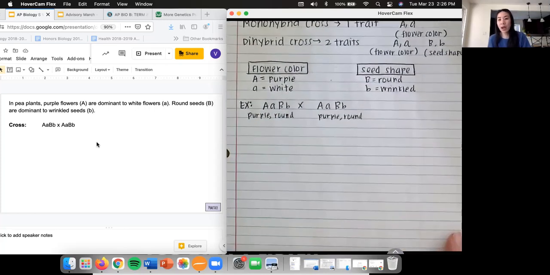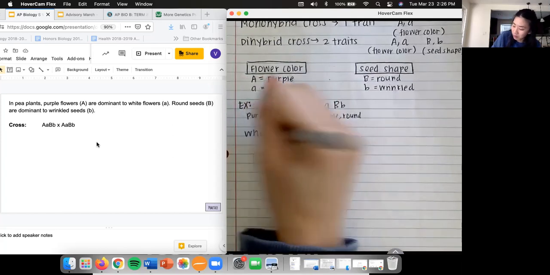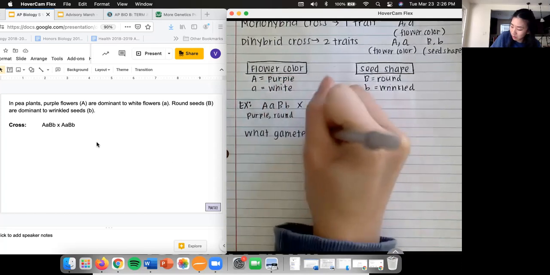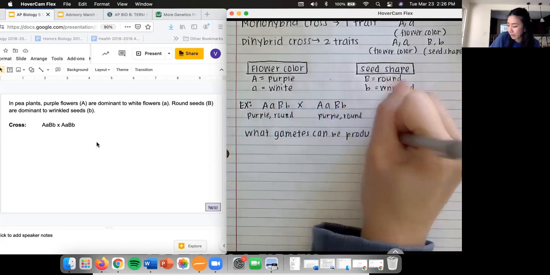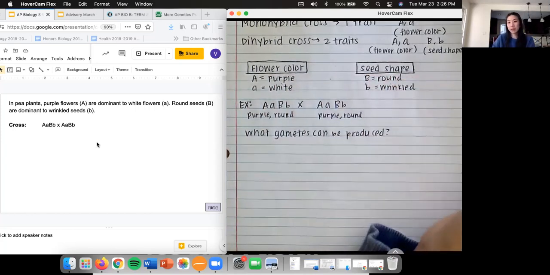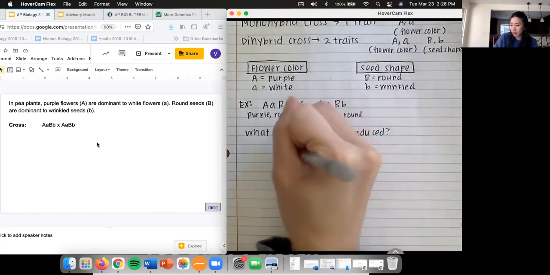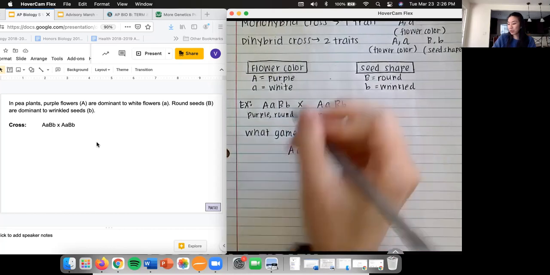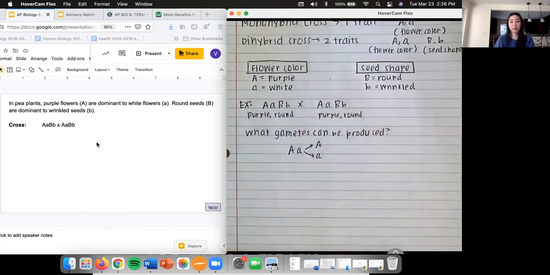So the first thing you have to do is figure out what gametes can be produced. If we were just looking at a single trait, big A, little a, the gametes produced are going to be either big A or little a, right?